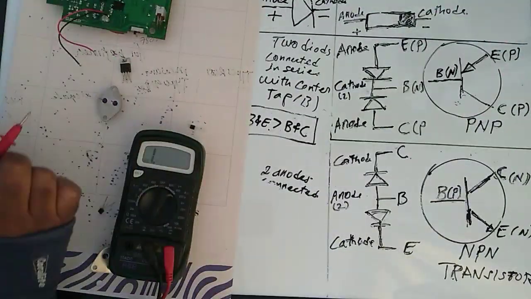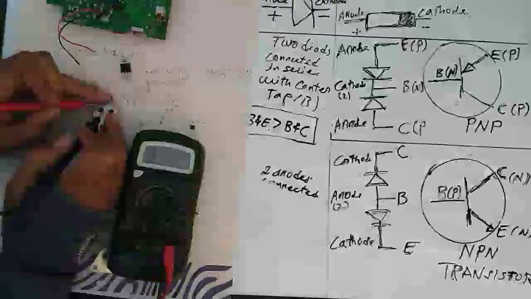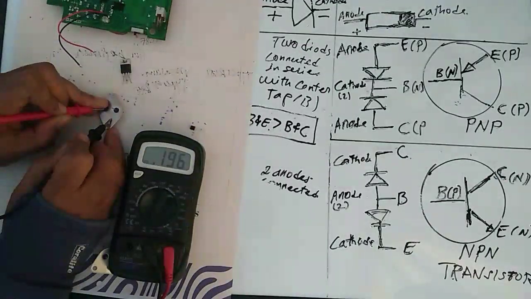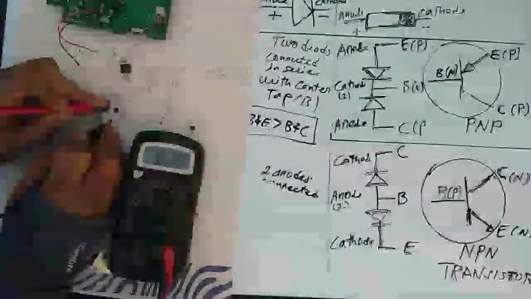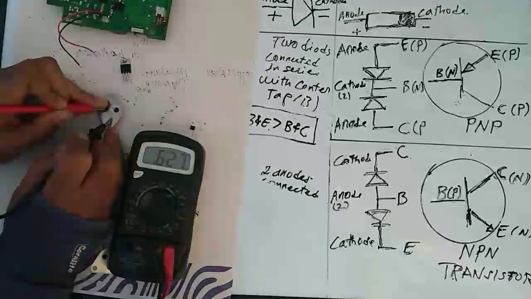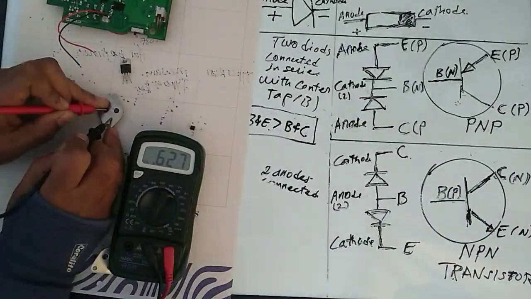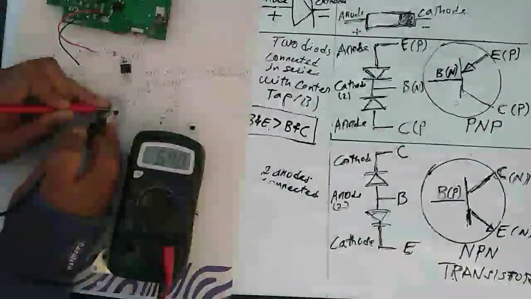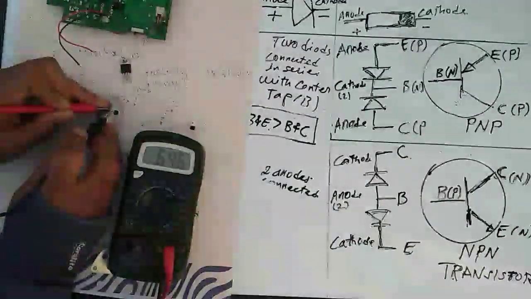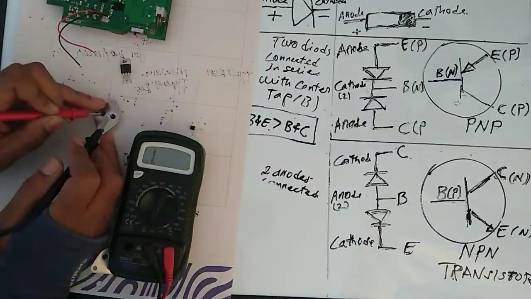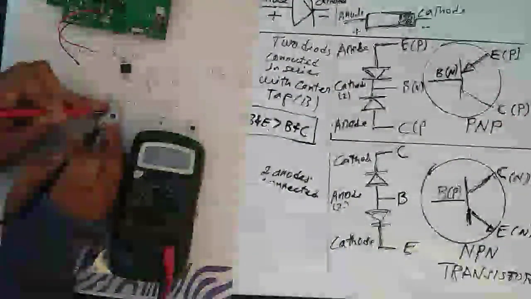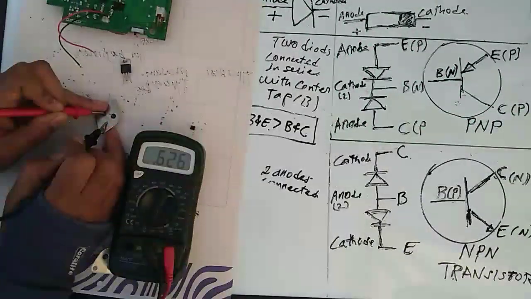For example, in this case, I read 45 here. This one is the collector, 627. This one is base to emitter, 645. In this case, base to emitter is greater than base to collector.